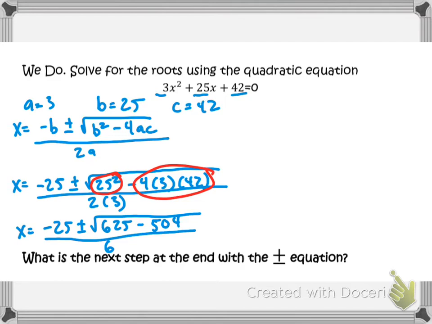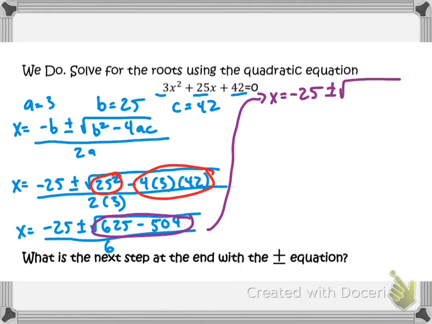Next, what should I do next? If you said simplify the inside, you are correct. So I have X is equal to negative 25 plus and minus the square root of 625 minus 504, 121 over 6. All right.